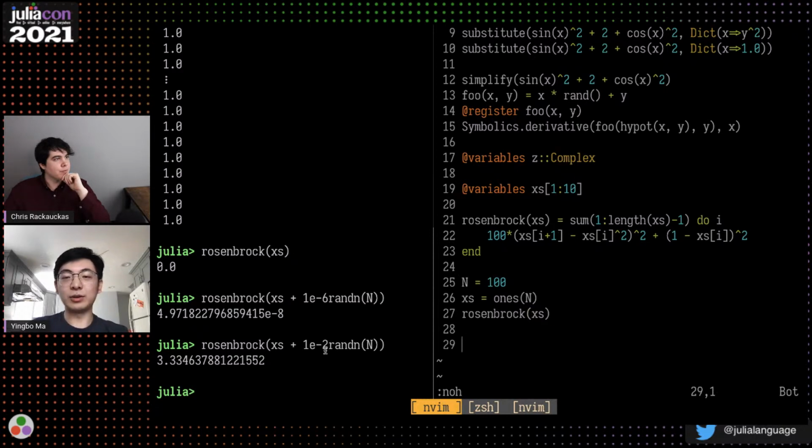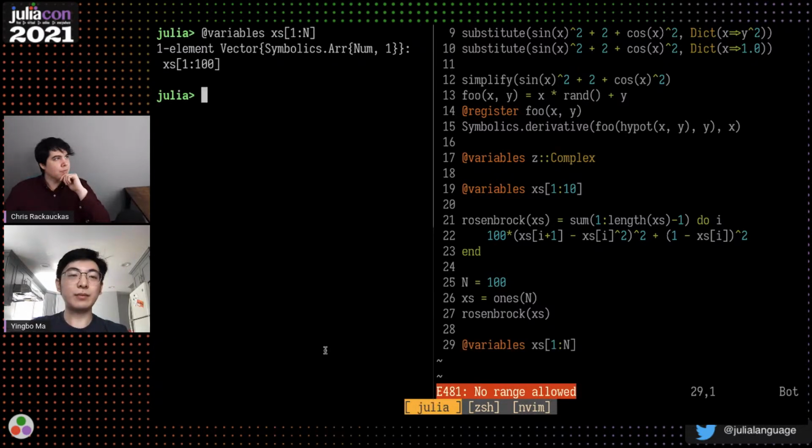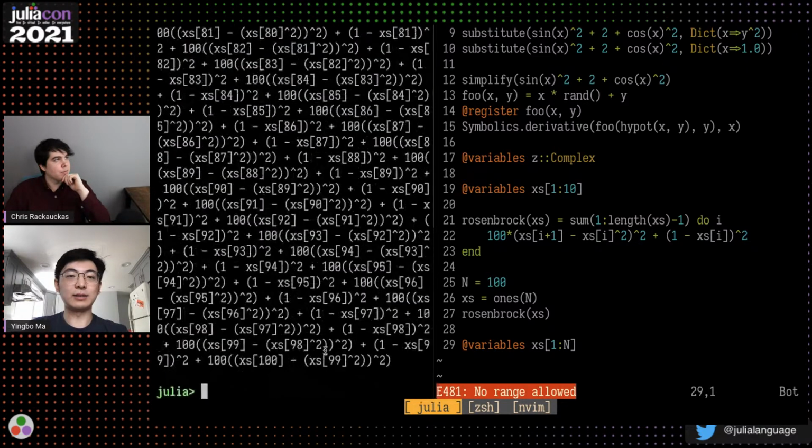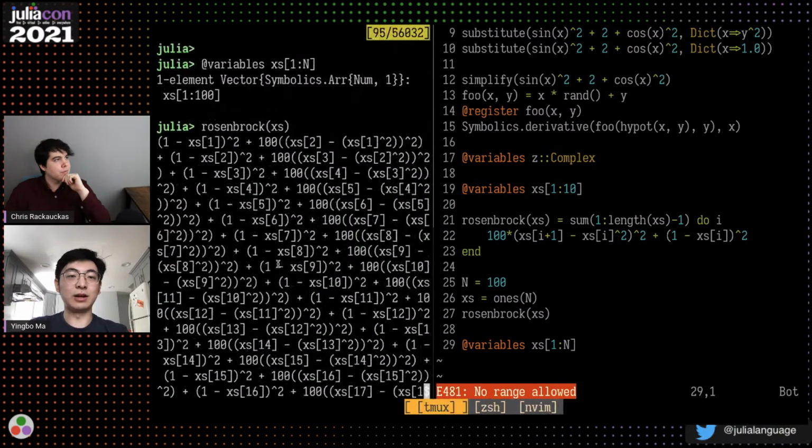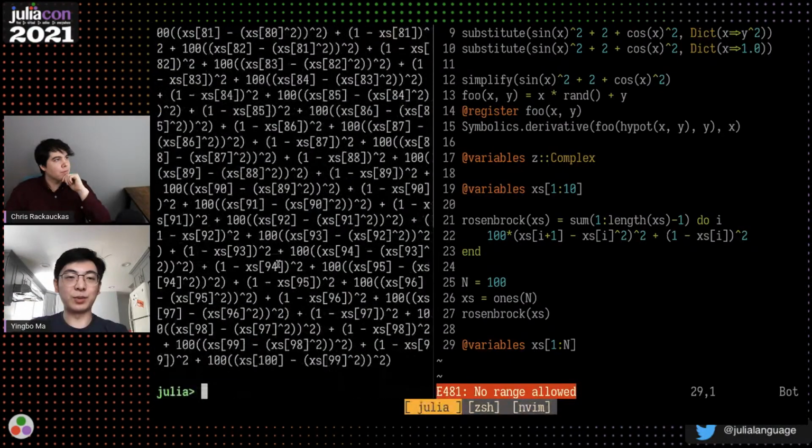Now we want to symbolically trace into the Rosenbrock function, right? This n can be a runtime value. So n is declared here, but we can still use it in the ith variables macro. And then we can do Rosenbrock of xs, and this is the whole symbolic expression of this function, everything unrolled.